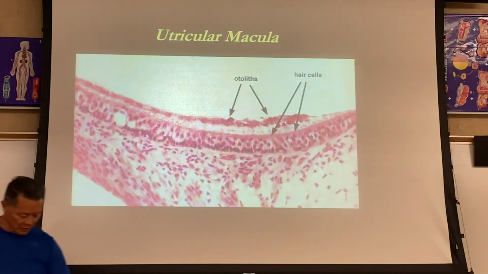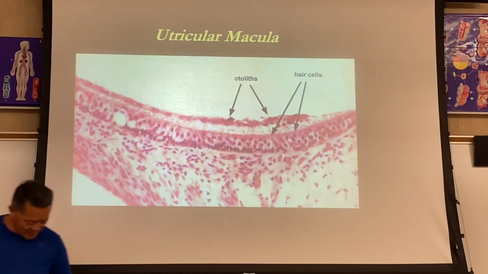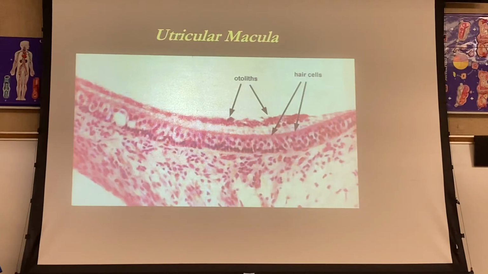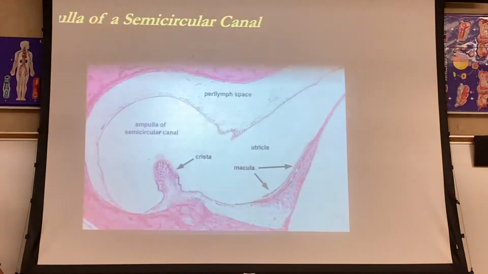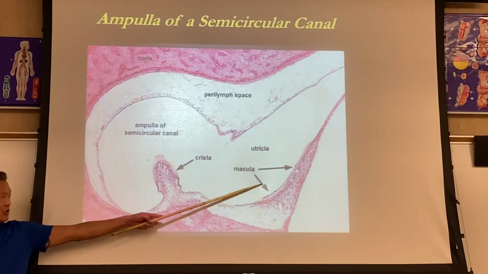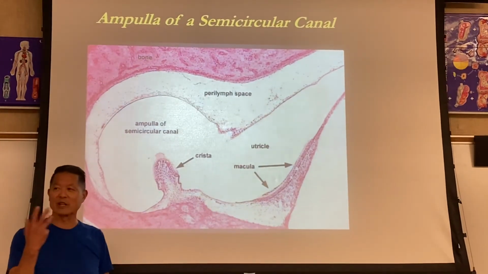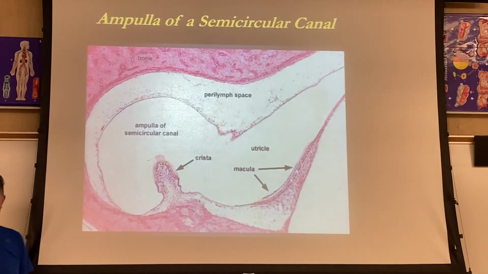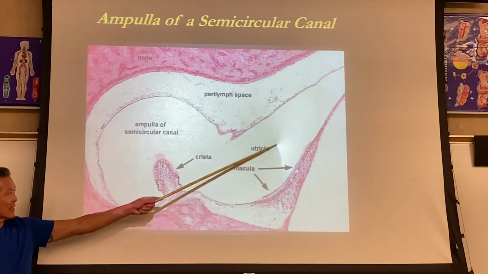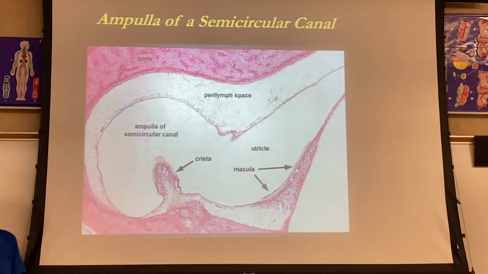All right, go to page 27, and near the bottom, put a star next to utricular macula. This shows how the three regions of the inner ear are all interconnected, not separated. Here's a utricle, and here's an ampulla of the semicircular canal.